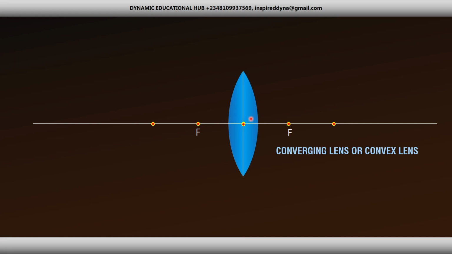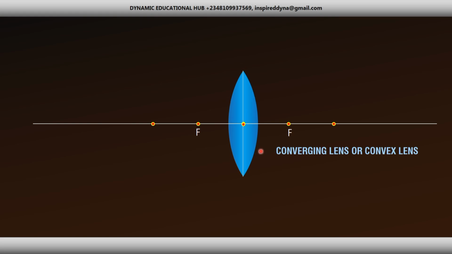A lens is usually a transparent material, glass, or it can be plastic, that has a size. Look at this lens very well. We see that the middle portion of this lens has a diameter that is more than the tip. It has a shape that is known as convex. It is convex in shape.